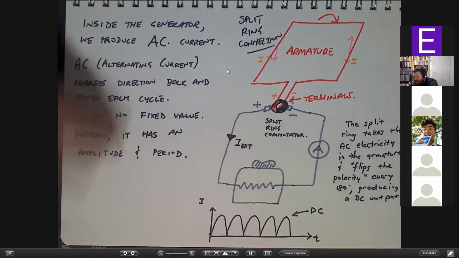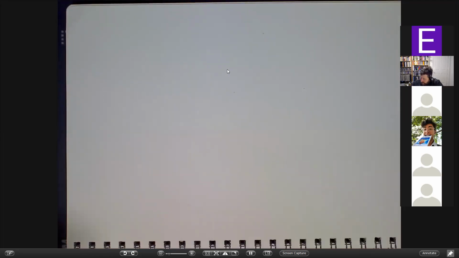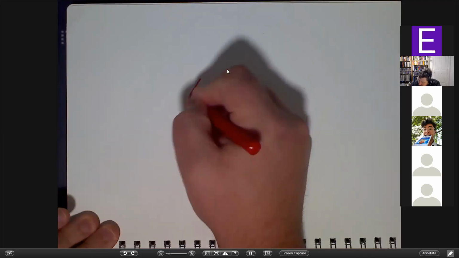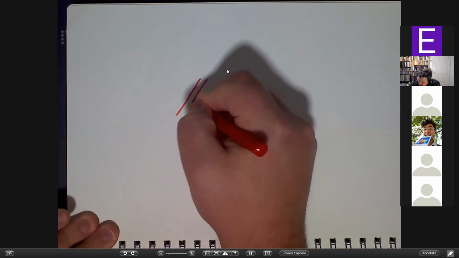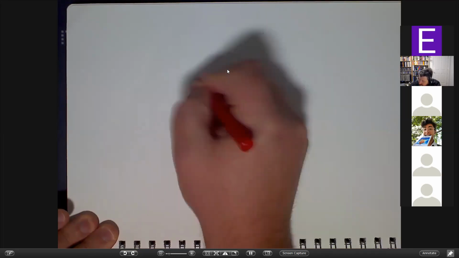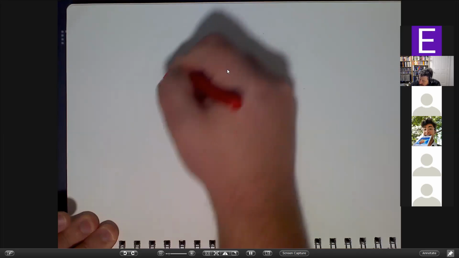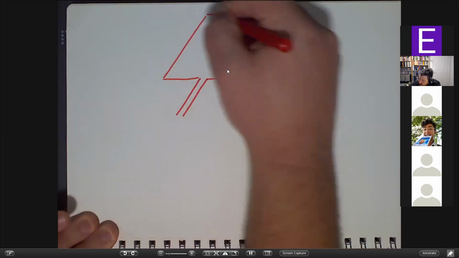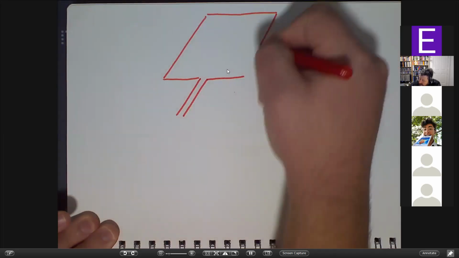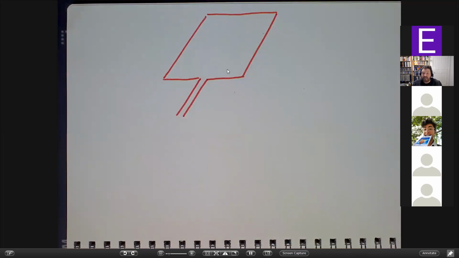The other way to connect, which I know means I have to draw again, is the way we're going to connect if what we want out is AC electricity.